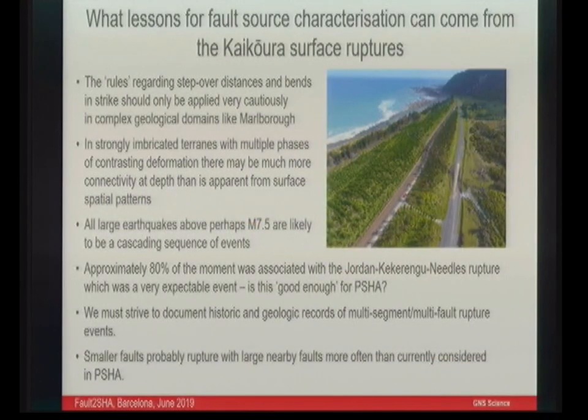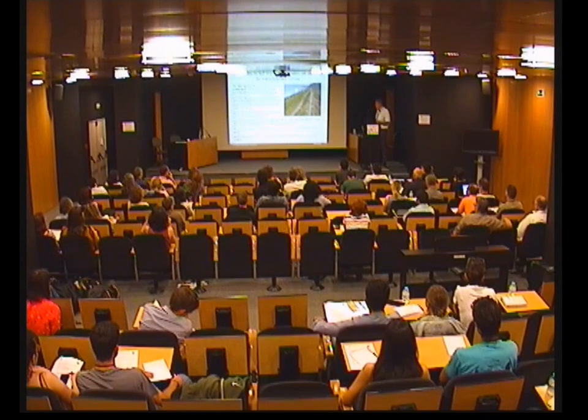Is that good? Is 80% good enough in complex terrains? I'm usually happy with an 80-20. We've got to try and strive for this complexity and multi-segment rupture in our historic and geologic records. We have to go there, but I think we've got to be very careful not to step back from what we do know and say we don't know anything, because that will lead us into a very bad place, into very dark places.